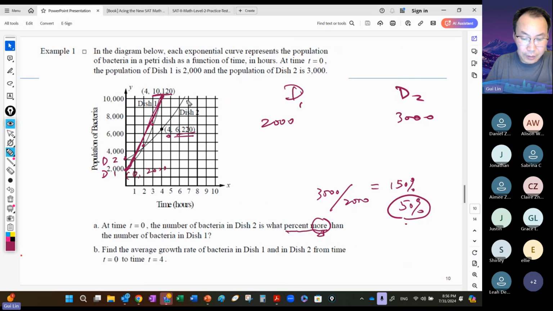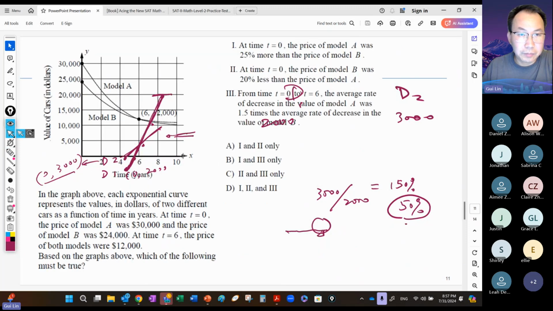That will be easy for you guys. Here is 0, 3,000, right? And this dot they already told you, so you can find the slope. The slope is the average growth. So actually they describe an exponential function, but they didn't use exponential knowledge. They just give the basic concept here.